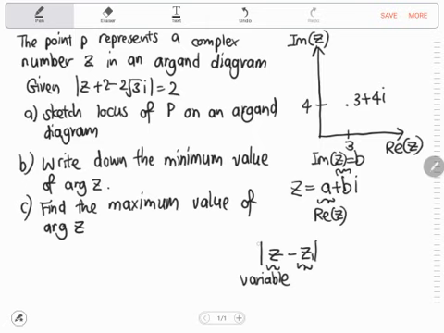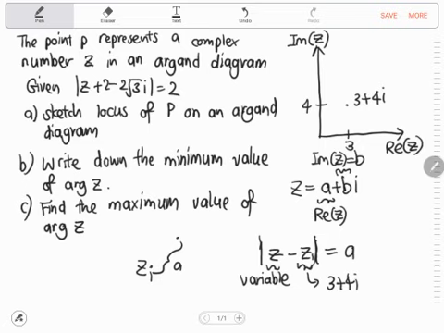It just means the distance between that variable Z and Z1 equals, let's say, A. That means the distance of this variable Z is A units from Z1.